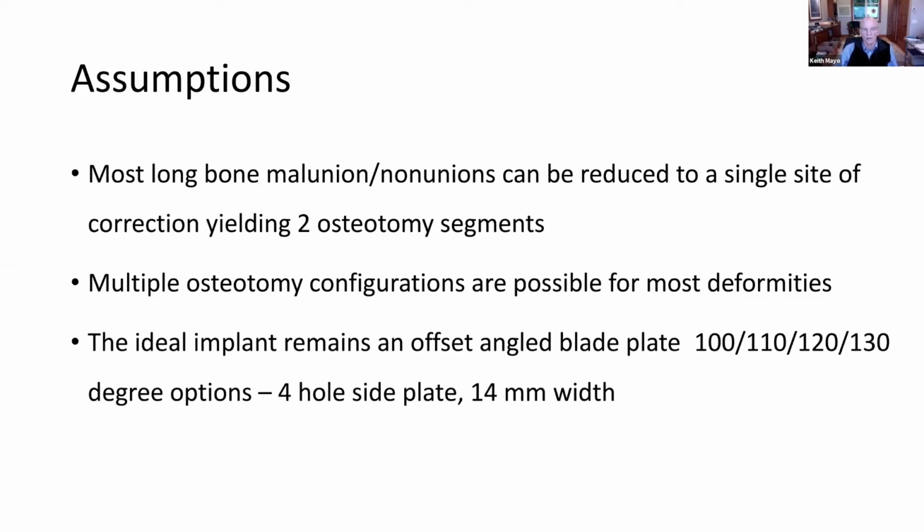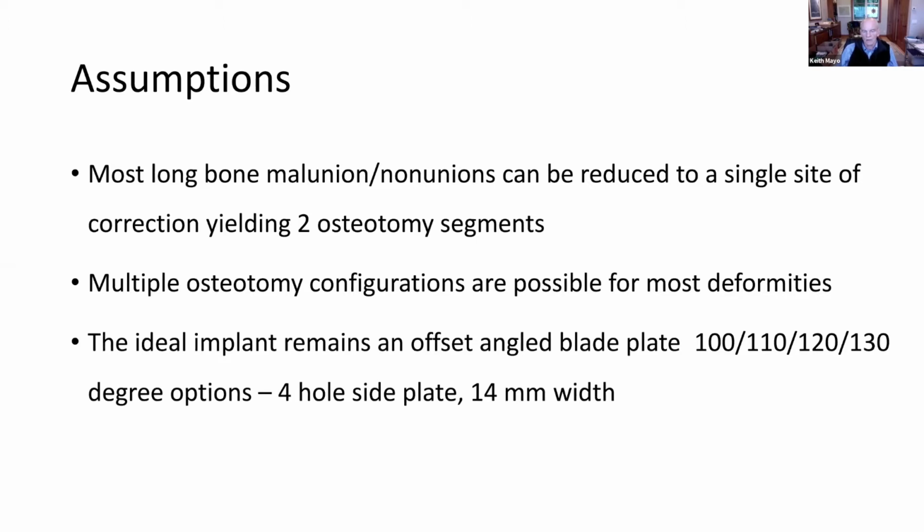The assumptions we're going to use are that most long bone mal or non-unions can be reduced to a single-sided deformity. That gives you two separate components which you can rearrange to correct your deformity. And in most cases, there are multiple configurations that are possible.